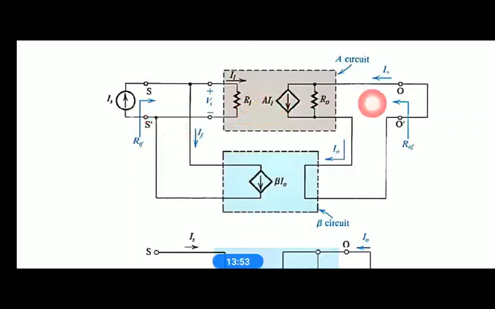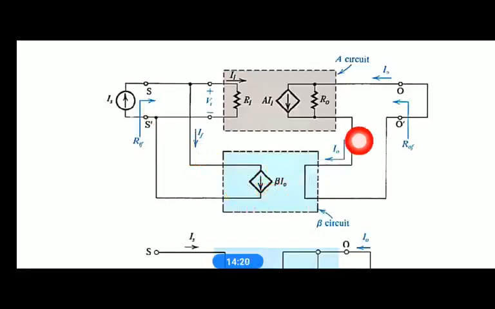For the closed loop amplifier, the gain AF is equal to I0 by IS, where the input current is IS and the output current is I0.